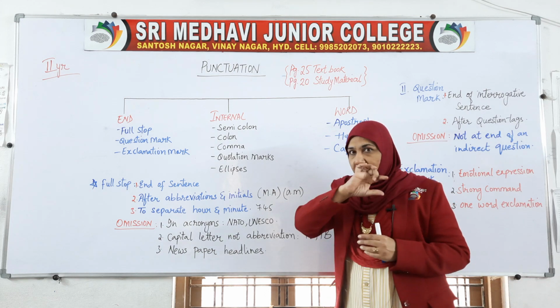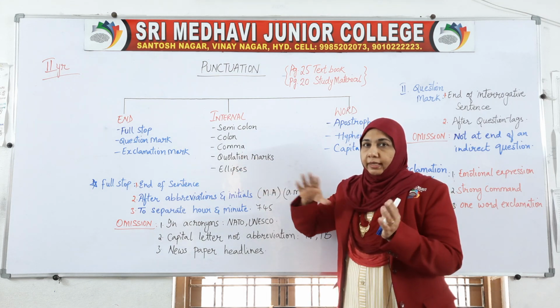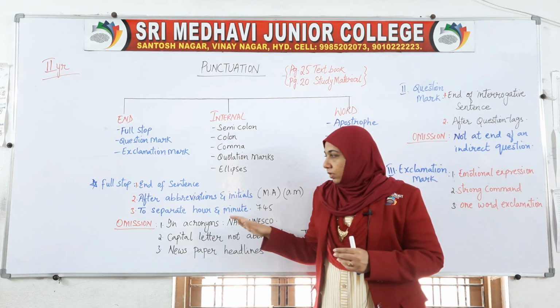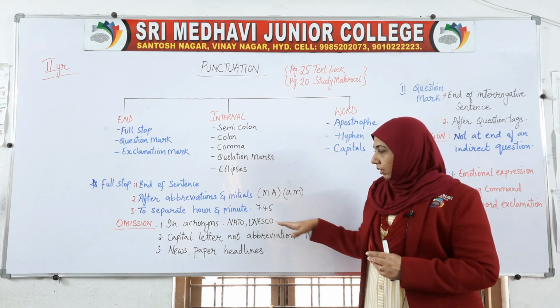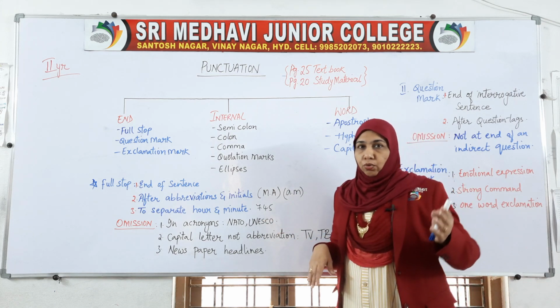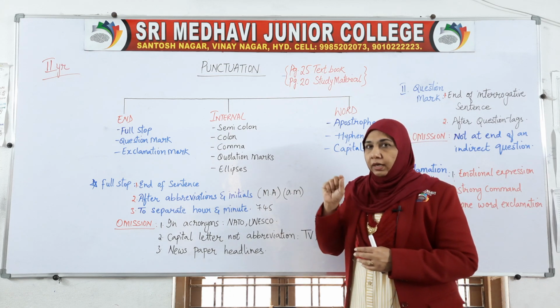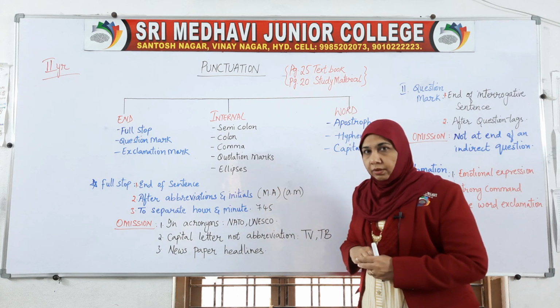This is a single word, you can say a lengthy word for North Atlantic Treaty Organization. So where is the need to put the dots in between? This type of words are known as acronyms, like UNESCO, WHO, IMF. There is no need to put full stops in between. These are the acronyms. Okay.